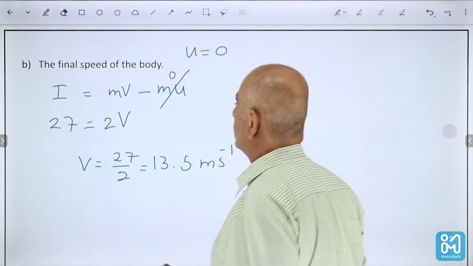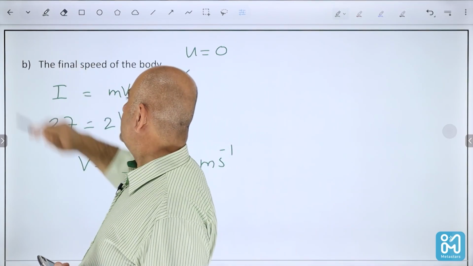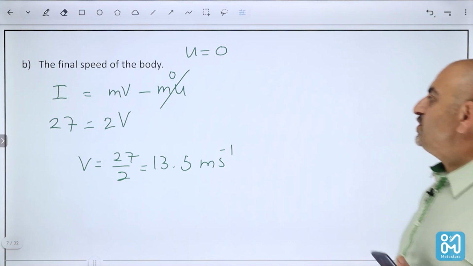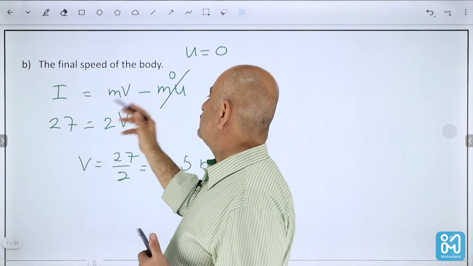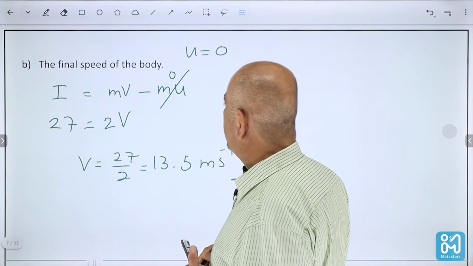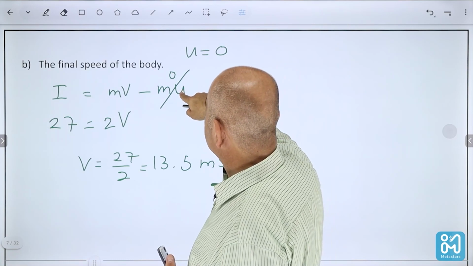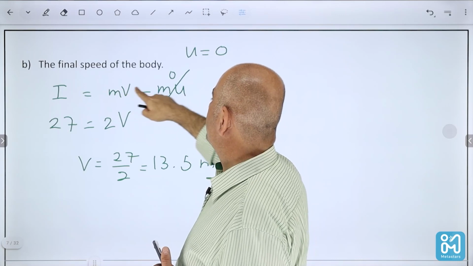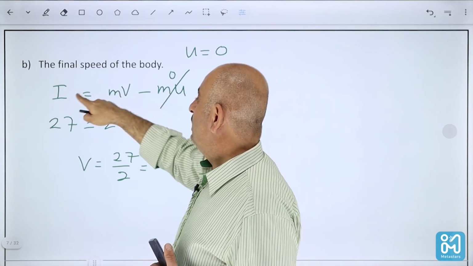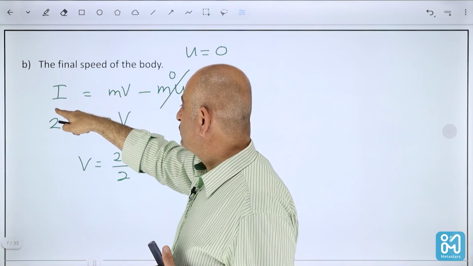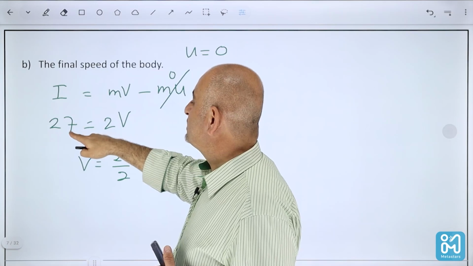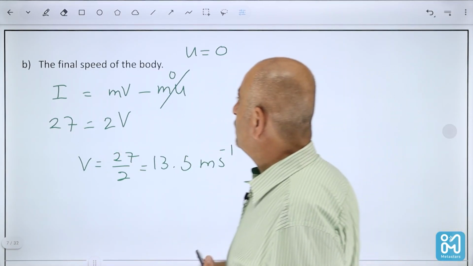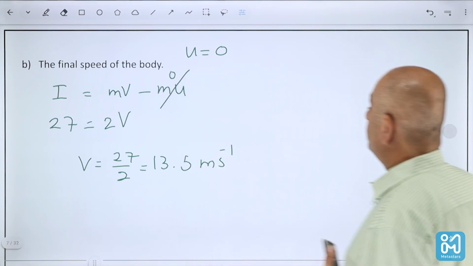That's straightforward. We found the final speed by using the relationship of impulse and change of momentum. The initial momentum was 0 because the body was at rest, so final momentum minus initial momentum equals impulse. That gives 27 equals 2v, and v equals 13.5 meters per second.